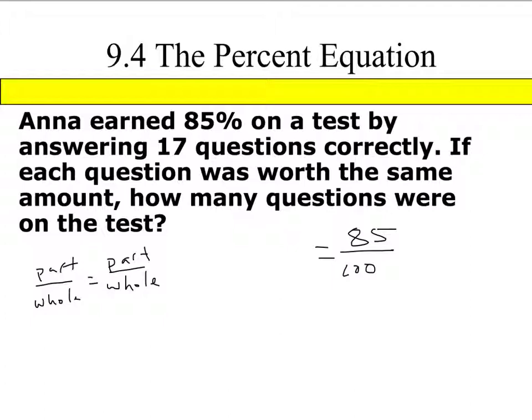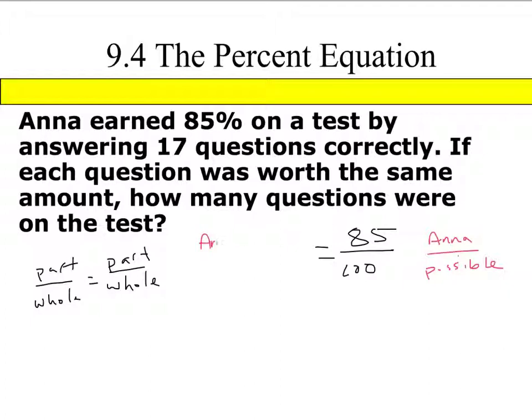Anna earned 85%, so I'm going to look at Anna and put it over the possible percentage she could have gotten. On the right side, notice I put Anna over possible. Anna received an 85%. There is 100% possible.